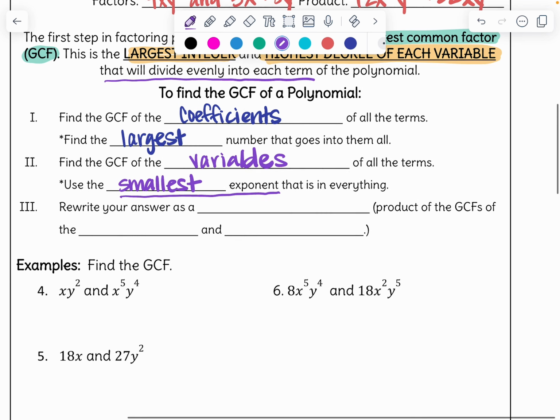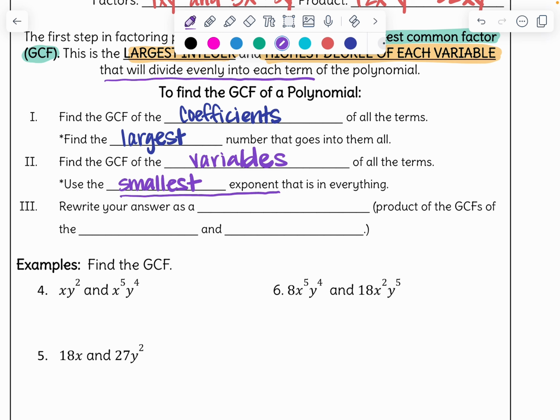This will make more sense as we go on. Rewrite your answer as a single term, which is a product of the greatest common factors of the coefficients and variables.